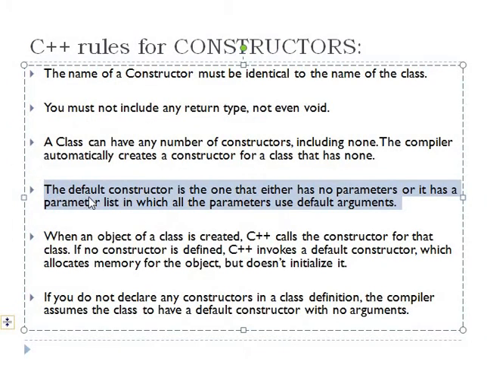This is because, as stated here, the default constructor is the one that either has no parameters, which is the first criteria, or it has a parameter list in which all the parameters use default arguments, which is the second criteria.